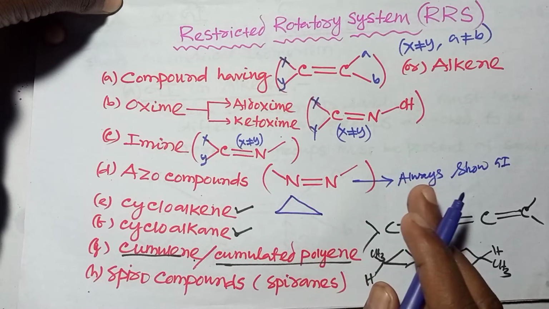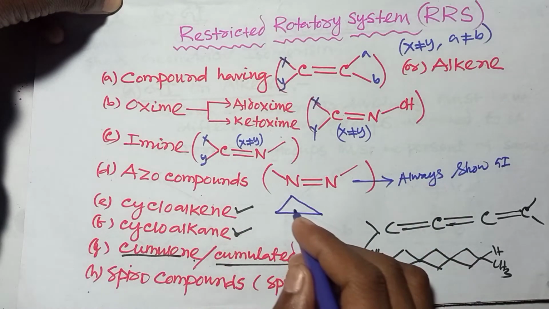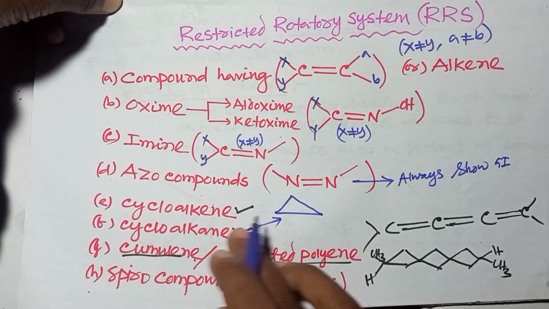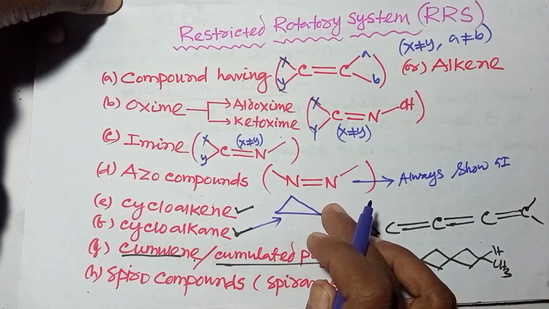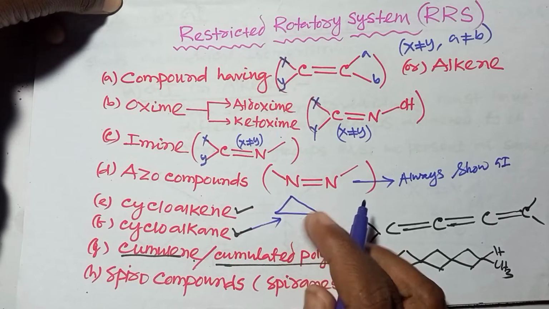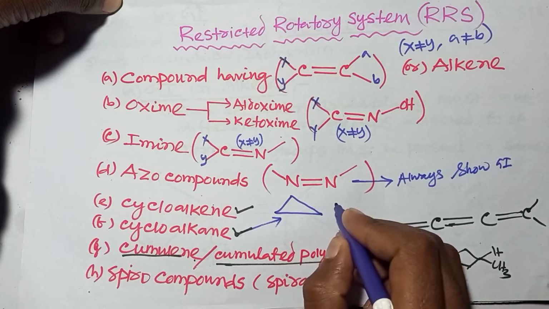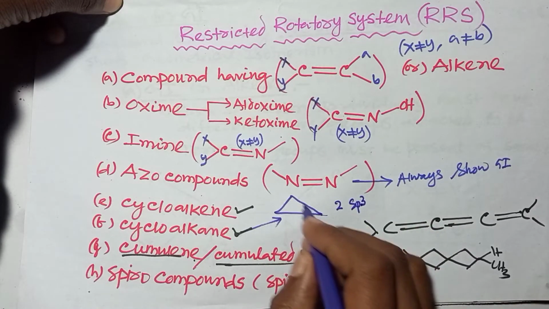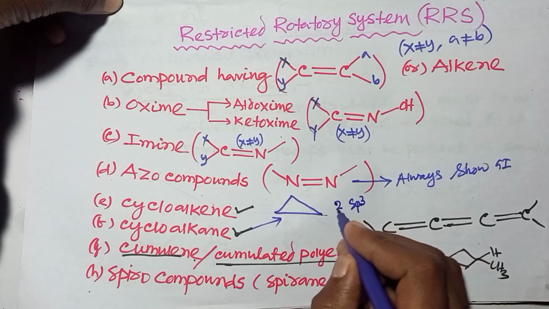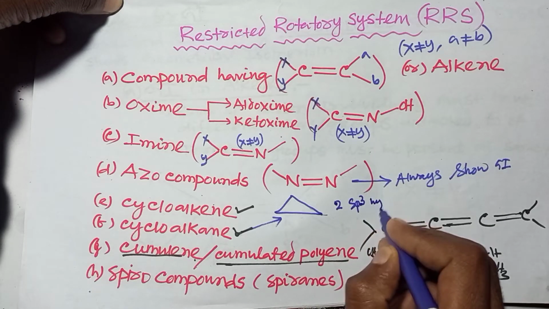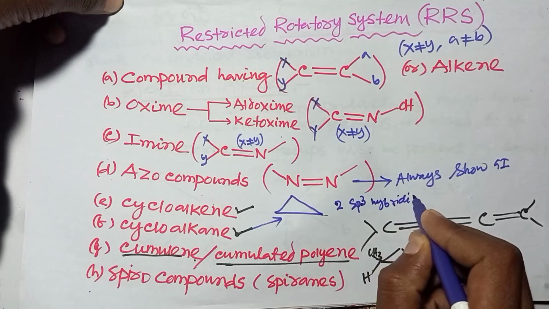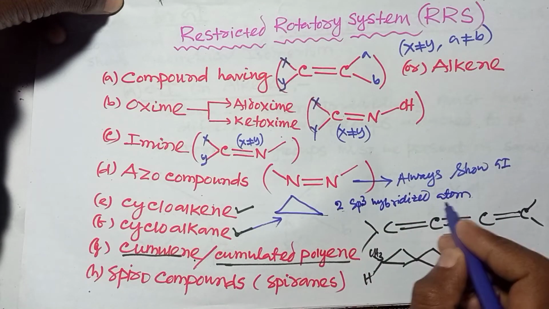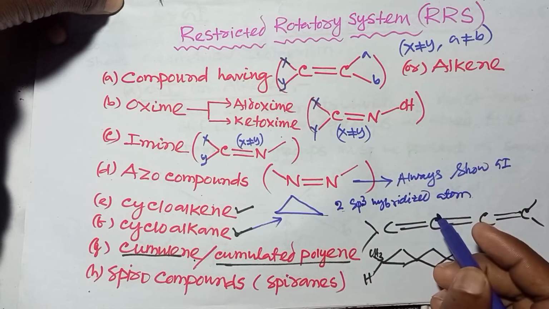It can be any cycloalkane. Cycloalkane means any ring compound containing at least 2 sp3 hybridized atoms, and these two hybridized atoms should be individually connected to two different groups.